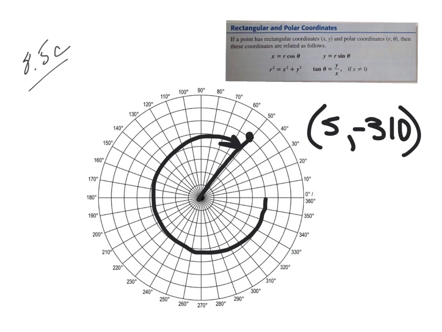Let's see, what else could I do? Let's see if we can leave our drawing here for that point there. Let's say that I went from here and I went to here.